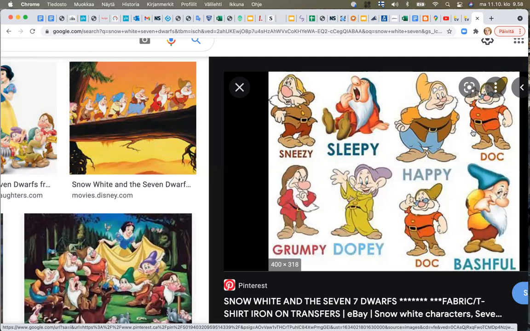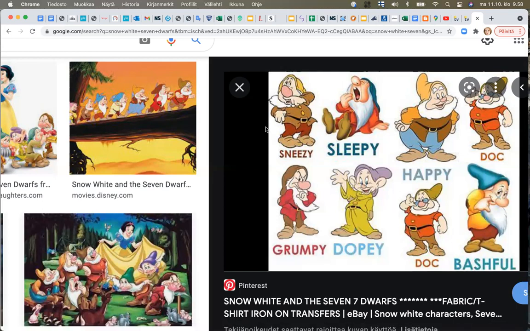Like many of the so-called personality was just a physical thing, like Sneezy, what his personality was, that he was allergic to everything. So that doesn't go very deep.